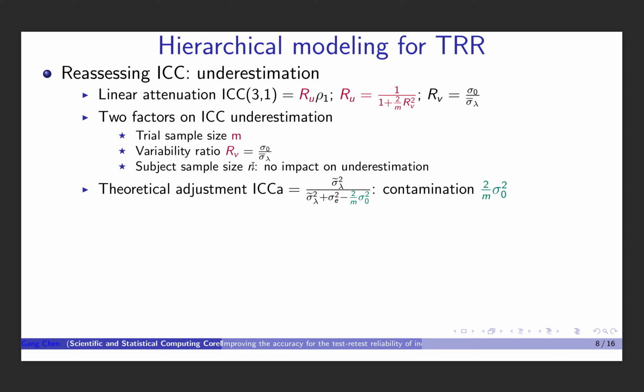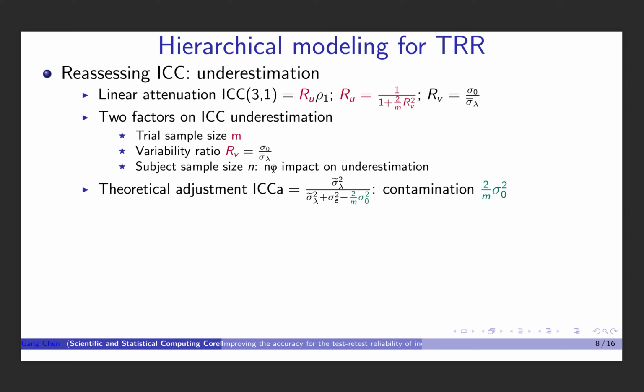So now this gives us a new perspective. I also want to say that the subject sample size, of course, is important, but it doesn't have an impact on the underestimation. If you increase the number of subjects, that would not solve the traditional ICC problem; you would still get an underestimated ICC.